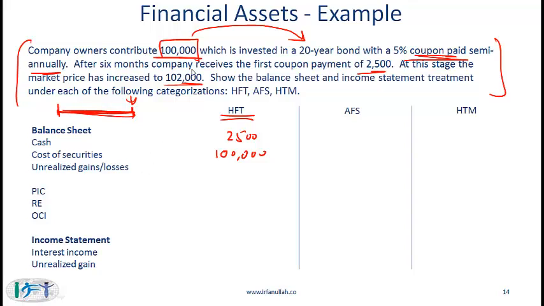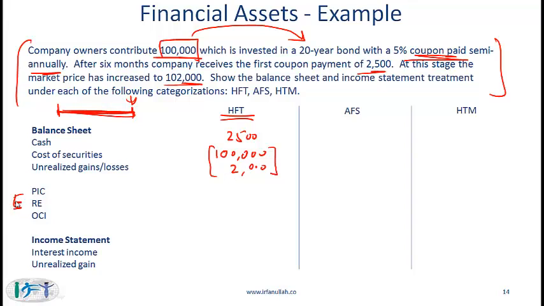In this case, the security went from 100,000 to 102,000, so we have an unrealized gain of 2,000. Note that effectively we are showing 102,000 on the balance sheet, and this connects with what we just talked about, that the current fair value of the asset needs to be shown on the balance sheet.